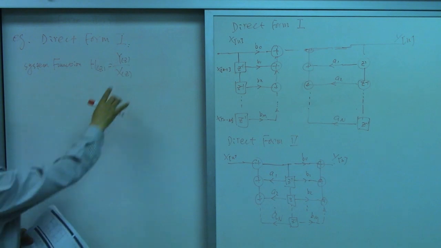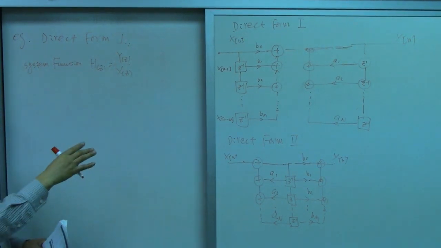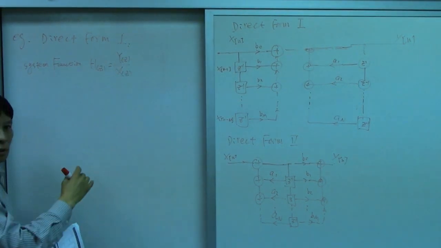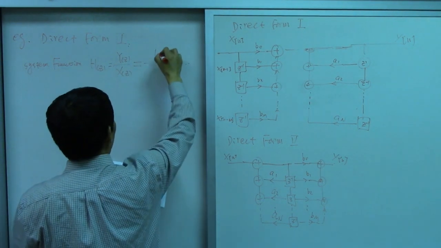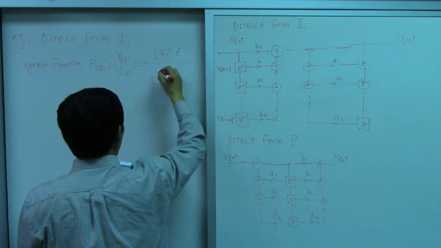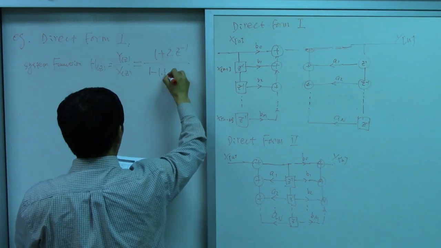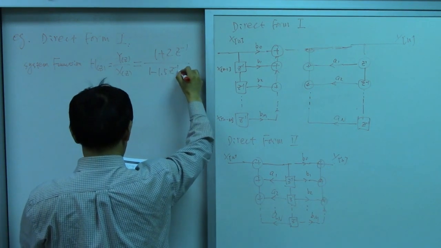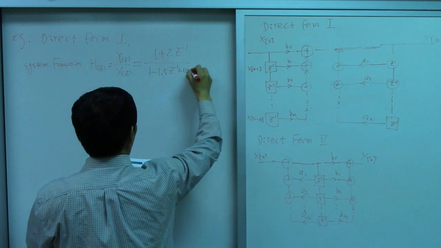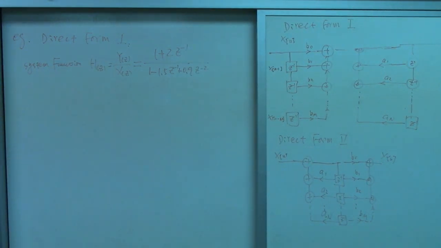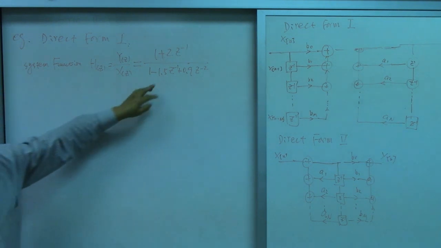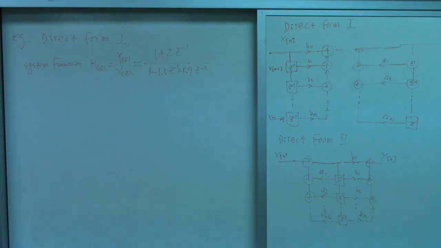So I don't need to do like that, but you should be able to know Hz equals Yz over Xz. So I give you this: 1 plus 2z to the negative 1, over 1 minus 1.5z to the negative 1 plus 0.9z to the negative 2. I'll let you implement this transfer function with direct form 1.